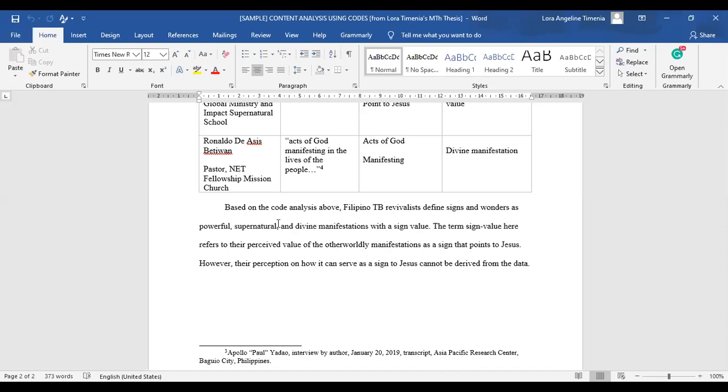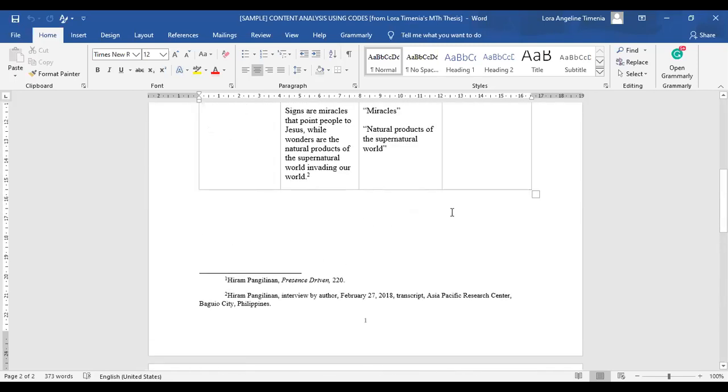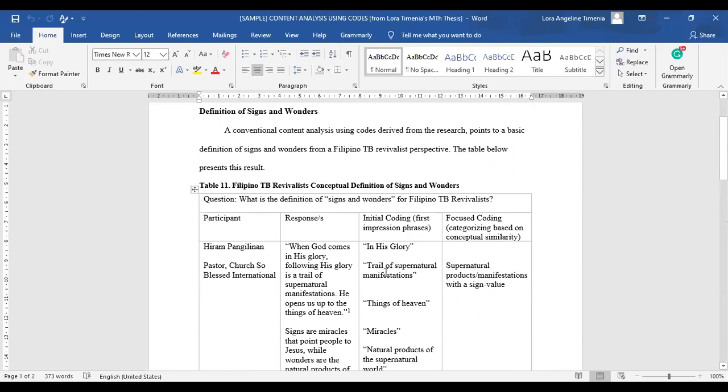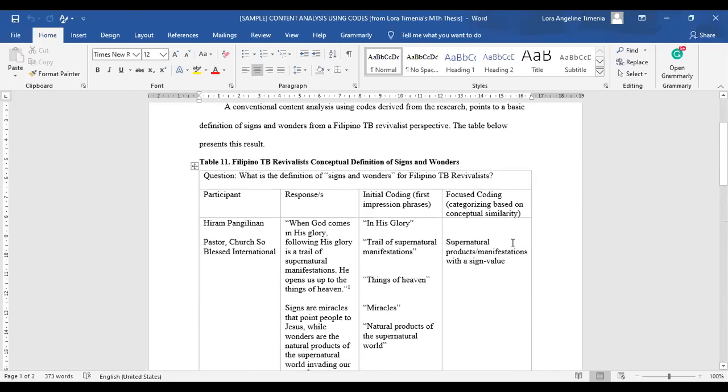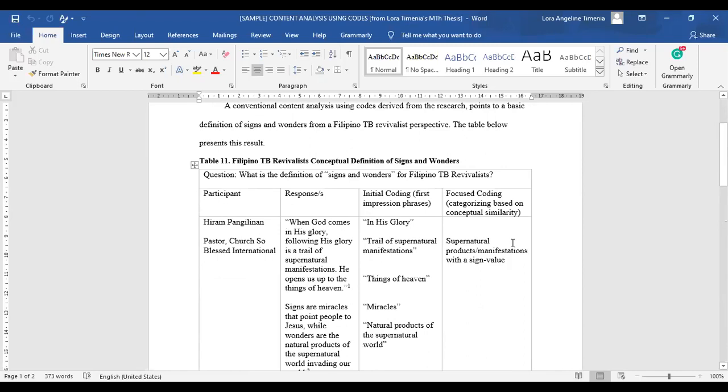So really it's just this one. Do an initial coding, first impression phrases, and then focus coding. Now, this can be subjective though. That's why a lot of researchers suggest that you should not be the one to code. If you can pay for someone to do the analysis, or if you can use software, it lessens the bias. But I only have 4 people. I'm not gonna pay others to do that when I can do it myself.